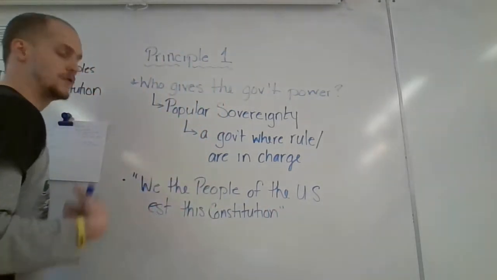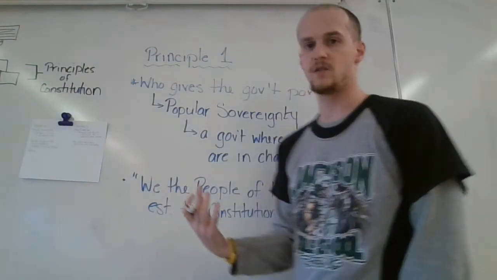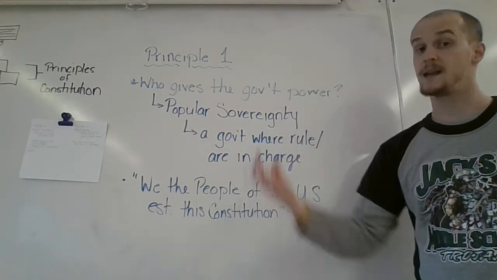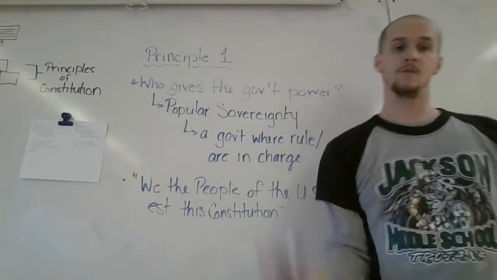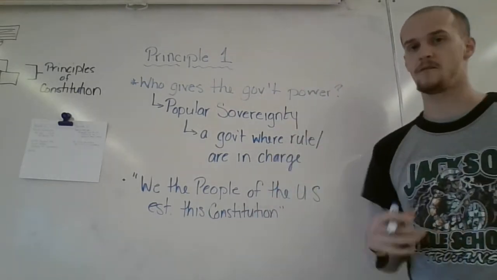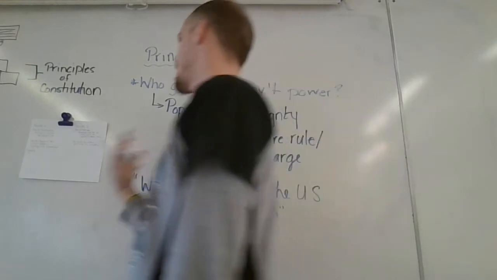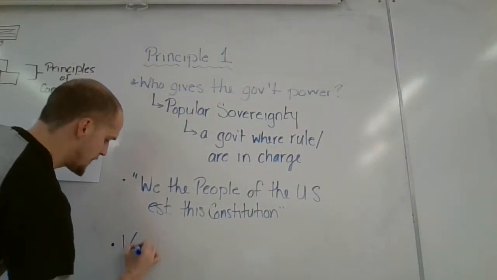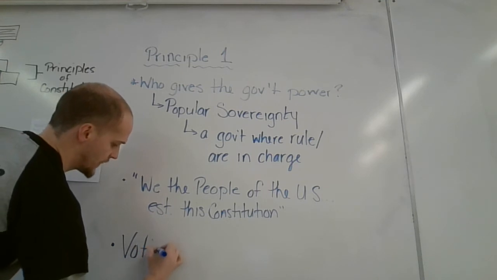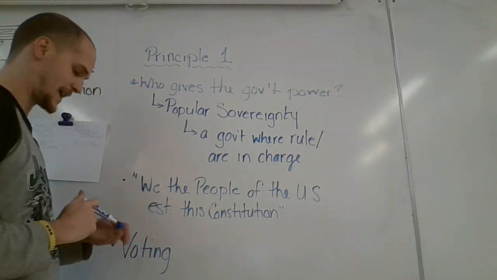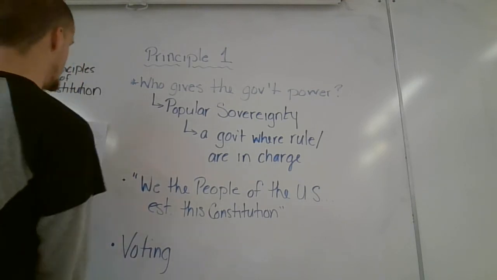So we, the people of the United States, establish this Constitution. And if this Constitution is the foundation of the government, then we are in charge of this government. And you see popular sovereignty acted out the most through voting. Voting is when you see popular sovereignty practiced and acted on the most.